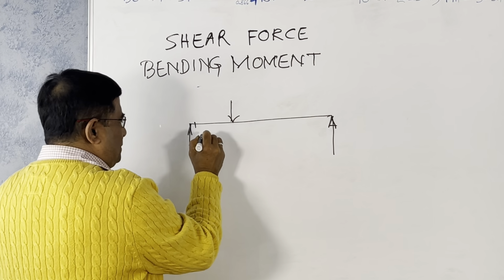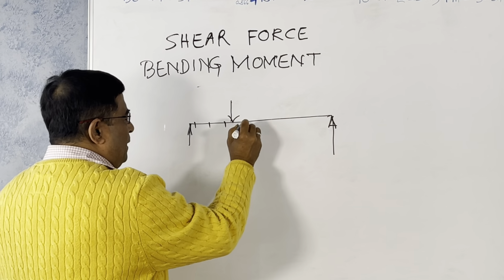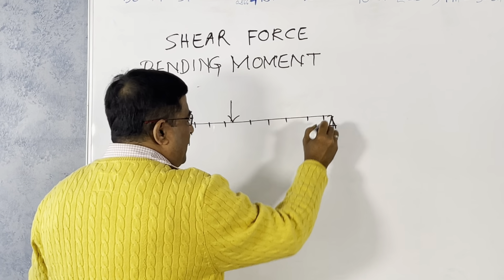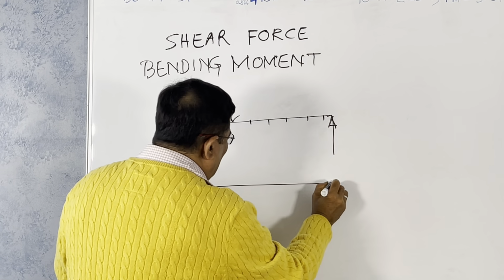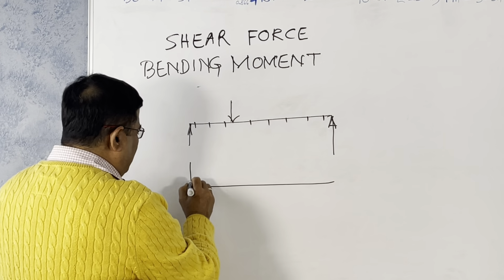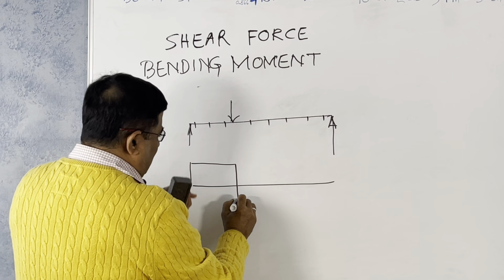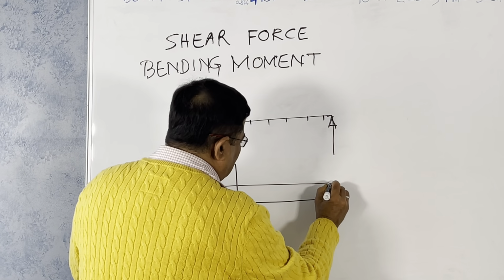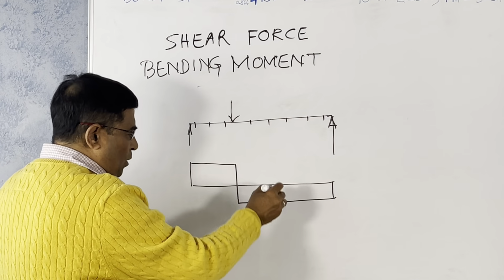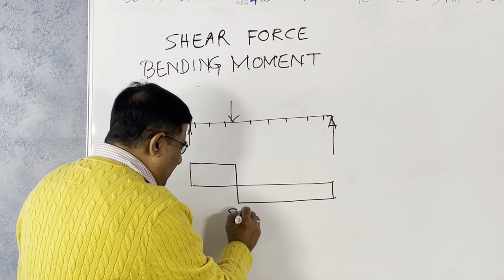Whatever shear force is here, if you draw that with the help of a diagram, I will explain how to get the diagram. This is called the shear force diagram.